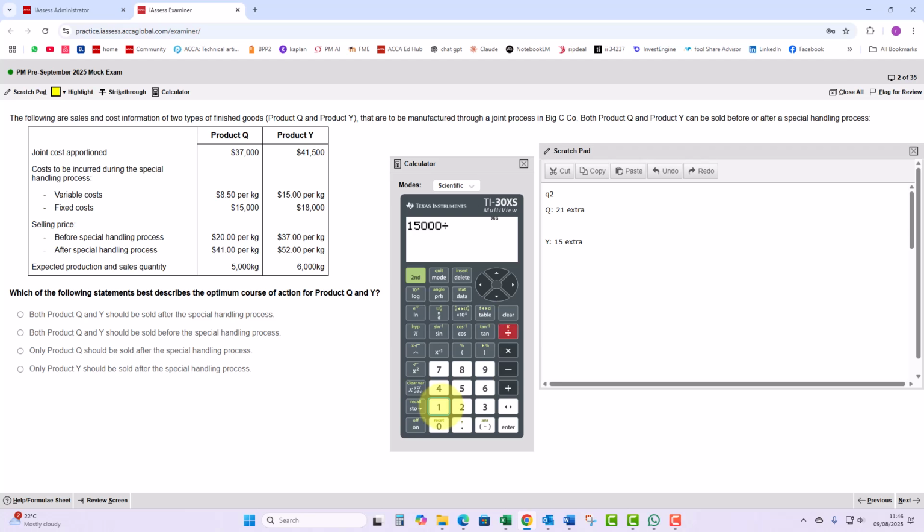The fixed cost is 15,000 across 5,000 kilograms is 3. We've got 8.50 plus the 3 is 11.50. We're getting 21 extra, so we should process Q further. You could have gone through the whole process for Y, but like I say, because the additional revenue they're getting from the increased price is exactly the same as the variable cost, there's no point incurring the additional fixed costs.